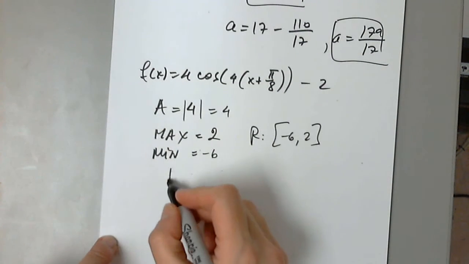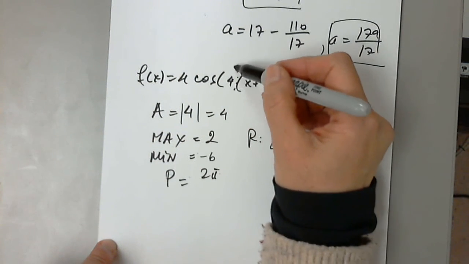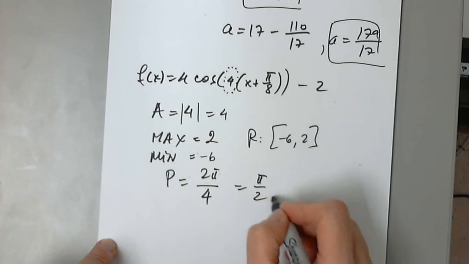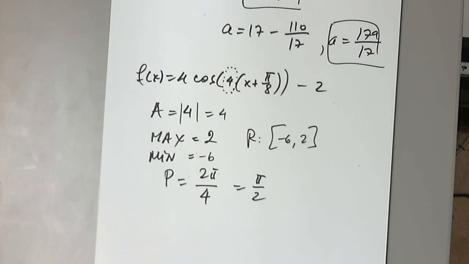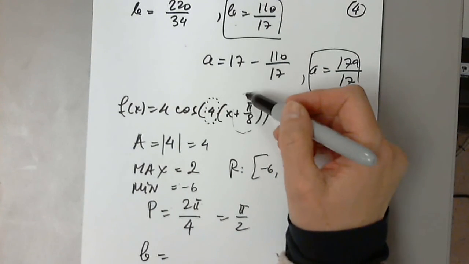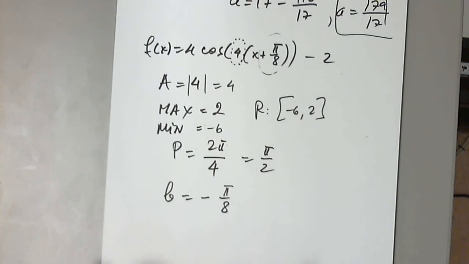Then we have to determine the period. The period is always 2 pi for cosine, but it has to be divided by the number that multiplies x. So the period will be pi/2. The phase shift is b, which is this, but since it's going to the left, we have to write -pi/8.